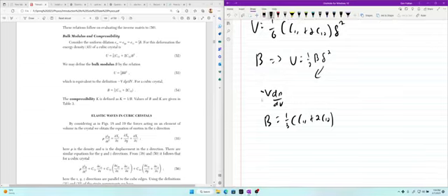Then we can define the compressibility K such that K is equal to 1 over B. Values of B and K are given in table 3.